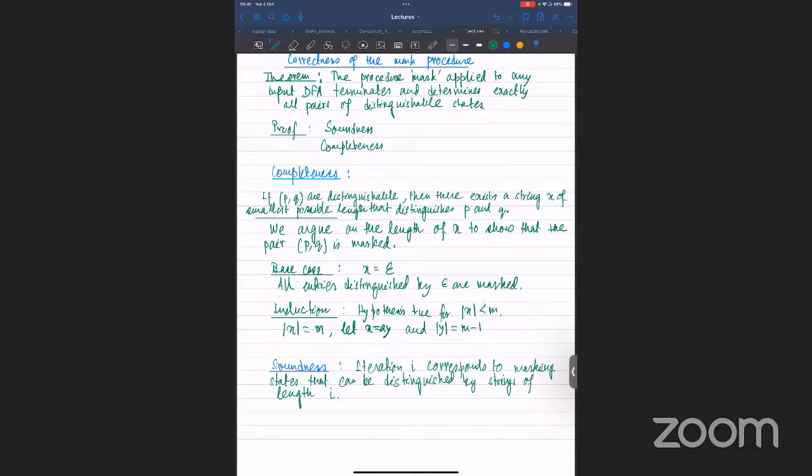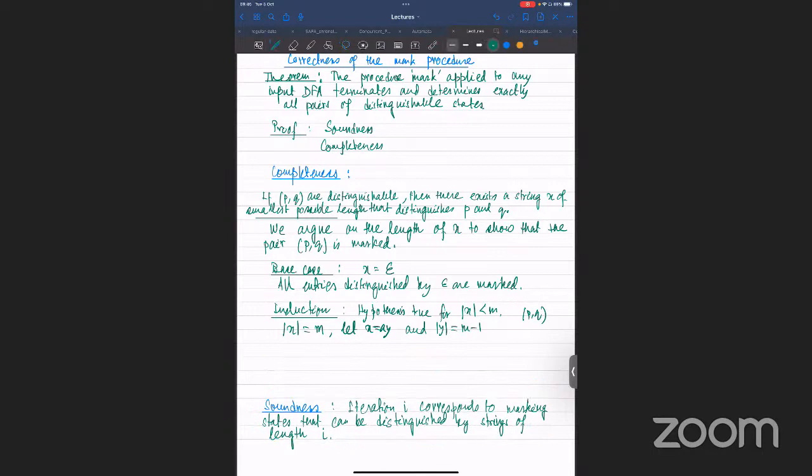Now, x is going to distinguish p and q. So there is some pair of states p, q which can be distinguished by this x, and x is of length m. And then we are going to say that indeed the mark procedure is going to mark this pair p comma q. Clear? Okay.